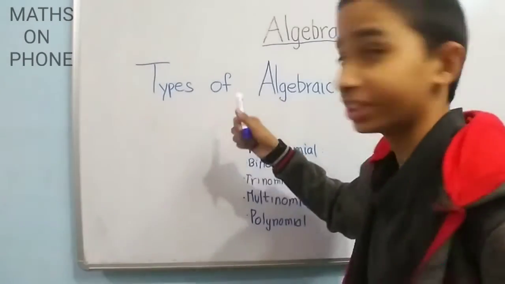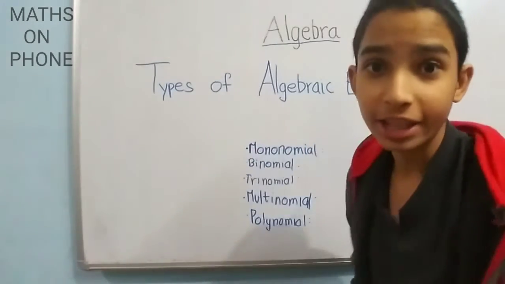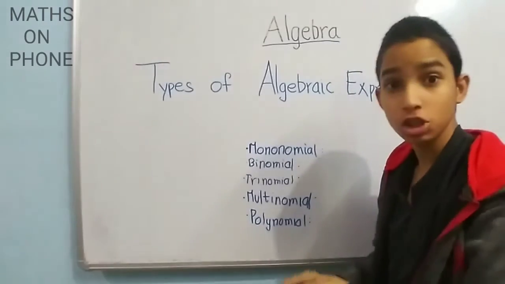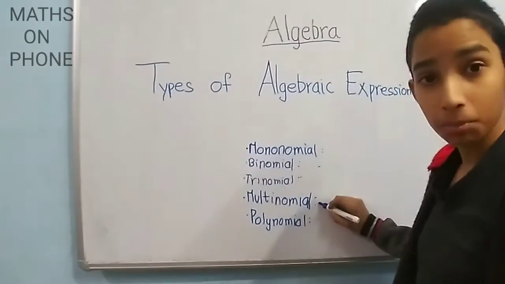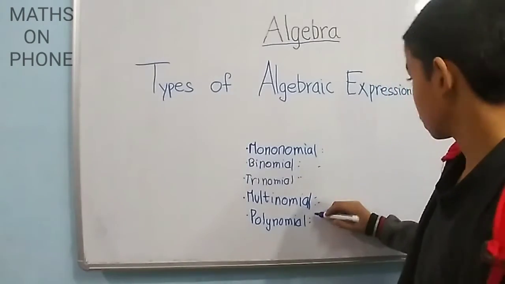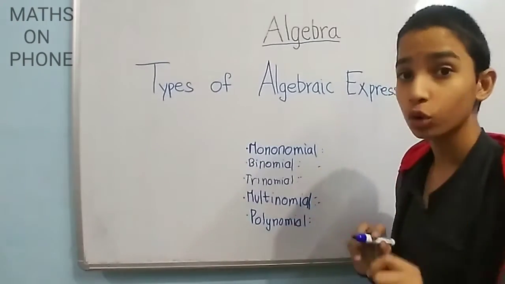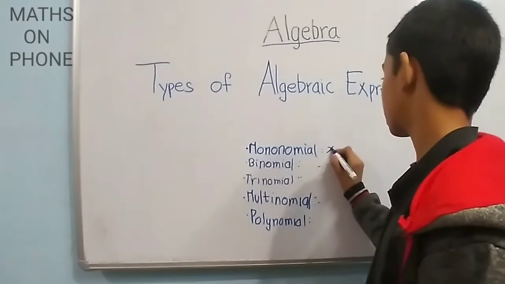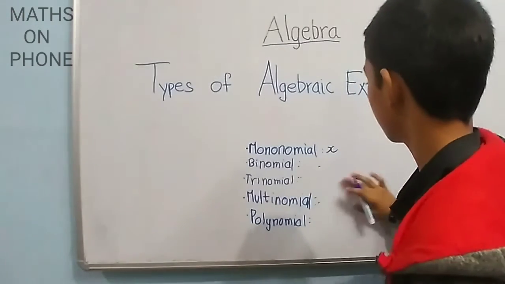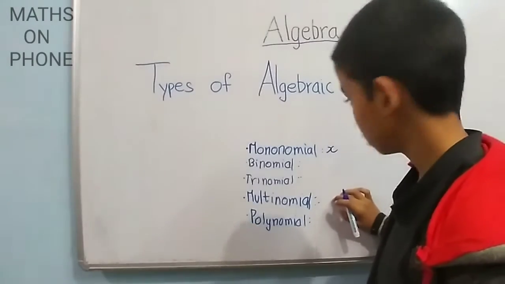Now we will look at the types of algebraic expressions. There are 5 types: monomial, binomial, trinomial, multinomial, and polynomial. What is a monomial? It has only one term, such as x is a monomial. It is a single term.